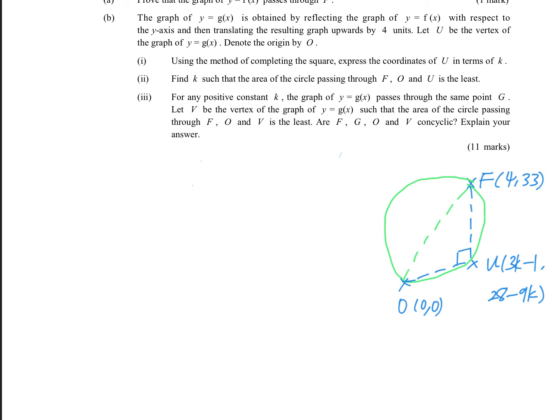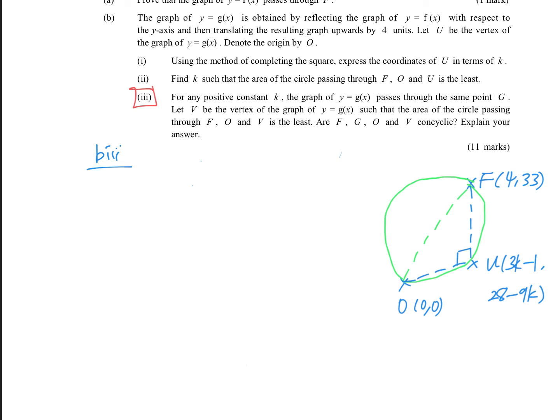So here comes the last part, so that would be B3. From the above, we know that k equals 3. So here, where's G here? Oh, for any positive constant k.